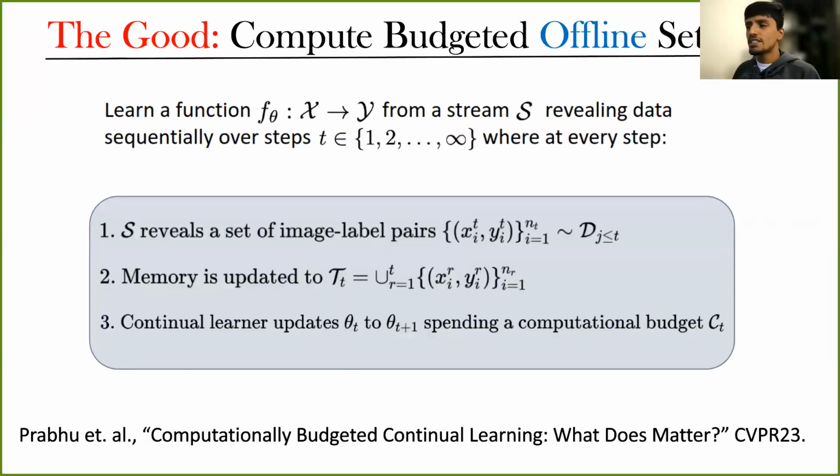Okay, let's start with compute budget. What would a compute budgeted offline setup look like? You get some data, you append it to the whole data set, and then you need to train your model with some limited budget. Because if you have very large budgets, it's kind of similar to fine-tuning the model.